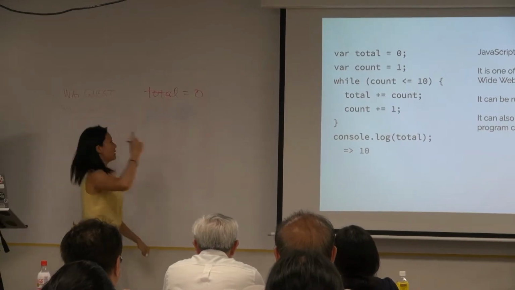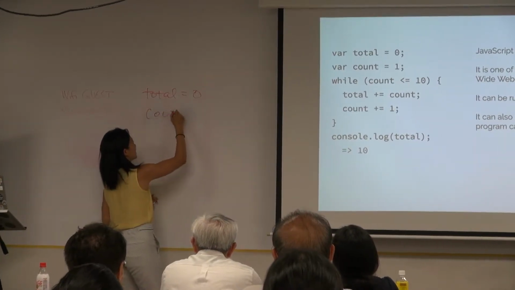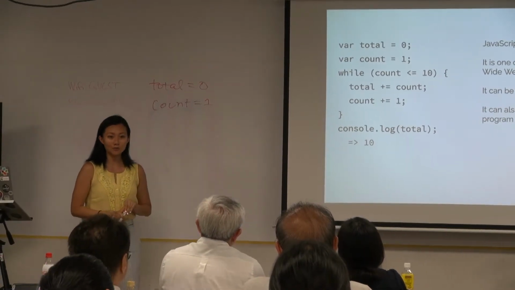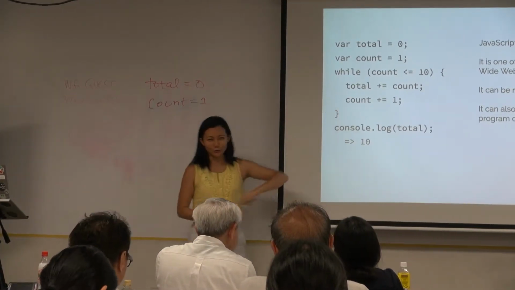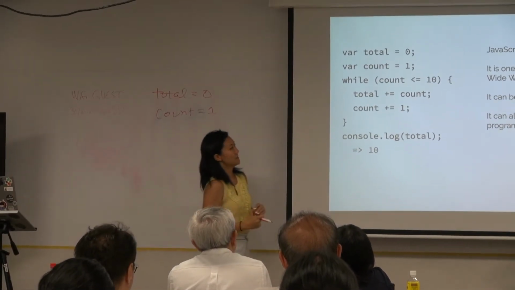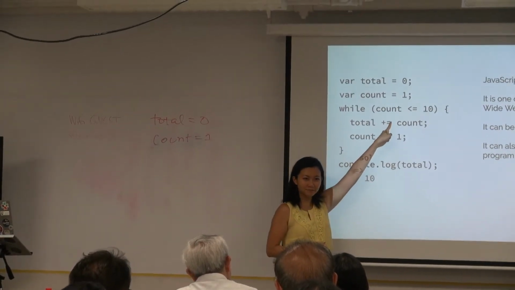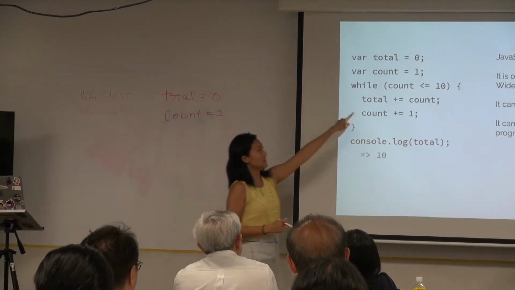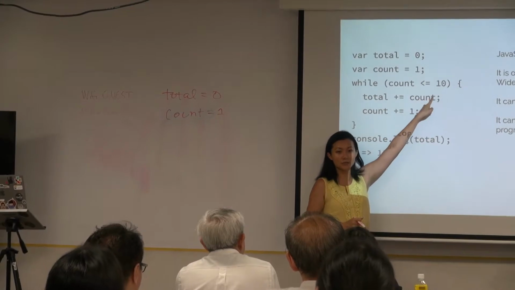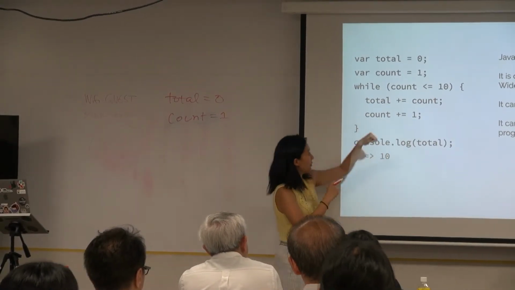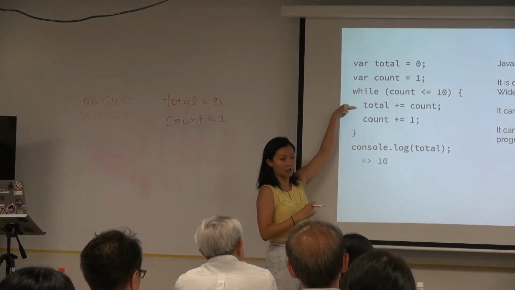I'm going to remember count is equal to 1. Now, a while loop. So that means we're going to be looping, maybe. What's count? 1. Is 1 less than or equal to 10? Yes. So, because it's yes, we go in here.